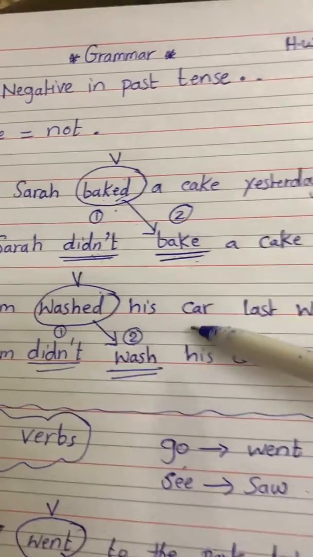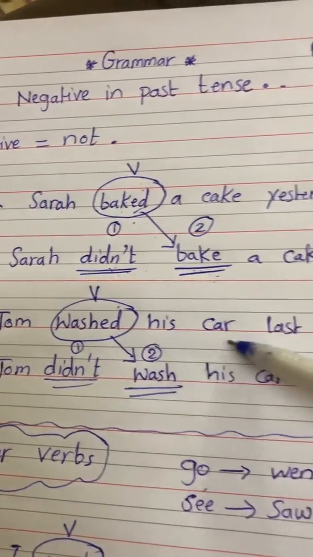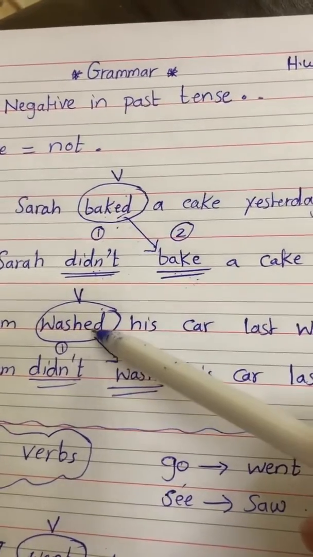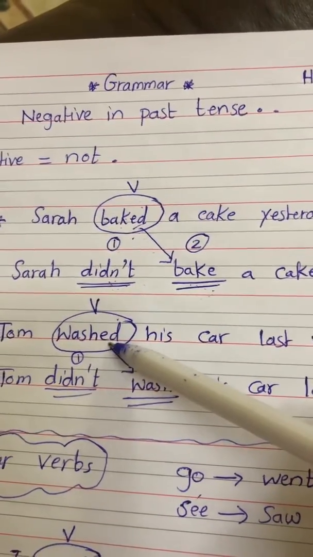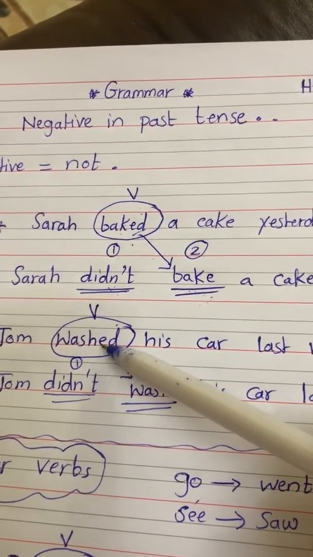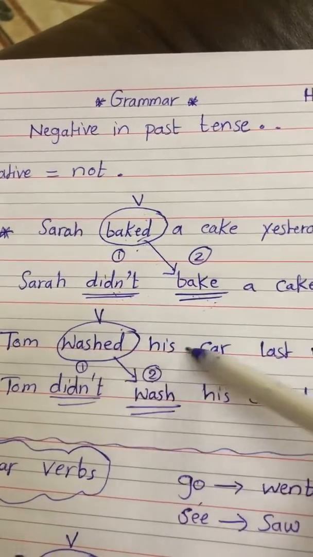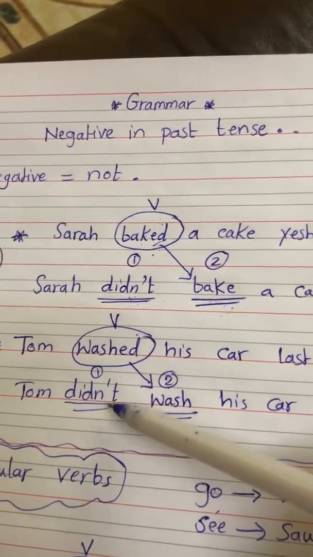Let's move to another example. Tom washed his car last week. Look here. The verb washed has ed. It means it is in the past. The teacher asked me to change this sentence into negative form.